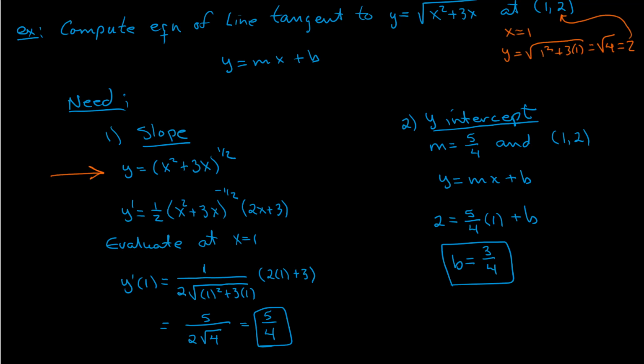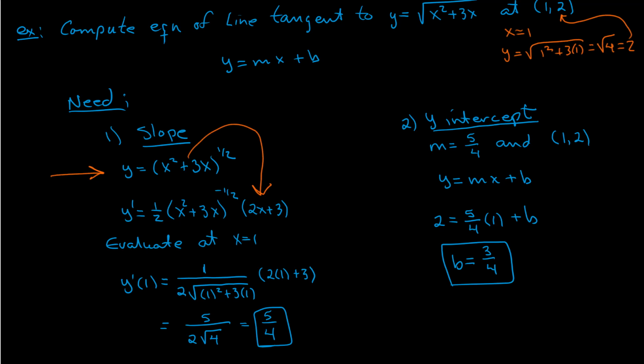What we need to then do is take the derivative of the inside part. Well, that's going to give us 2x plus 3. We want to evaluate this at x equal to 1. Remember, that's the point in the upper right-hand corner of the screen. I'm going to substitute 1 in for x into this derivative, and I'm also going to rewrite this so hopefully it looks a little friendlier.